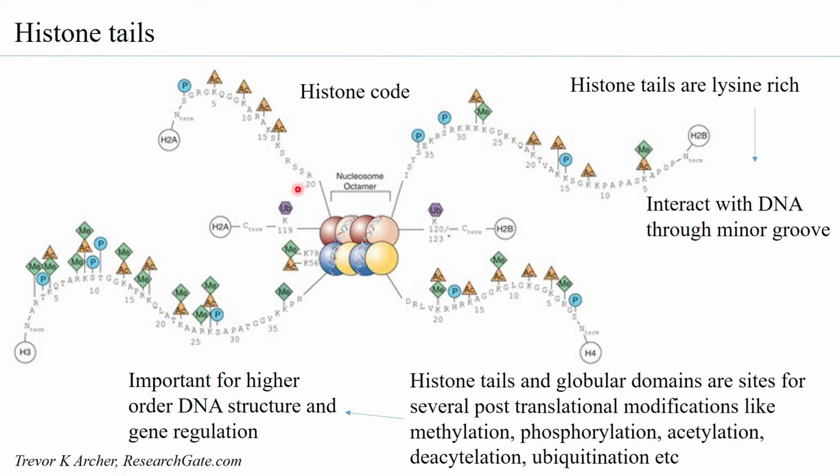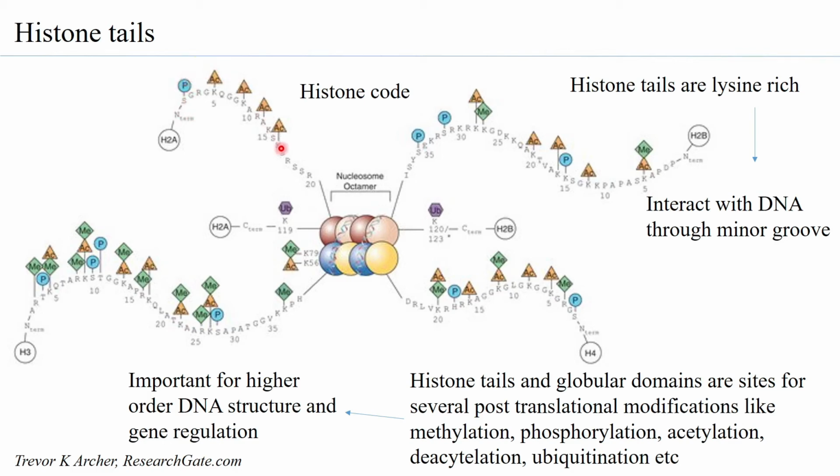Now, you would have observed that this histone tail has certain modifications happening at specific residues. Suppose, for example, you have the acetyl groups at the fifth lysine, the ninth lysine, the 13th lysine, and the 15th lysine, and serine number 1 is phosphorylated.